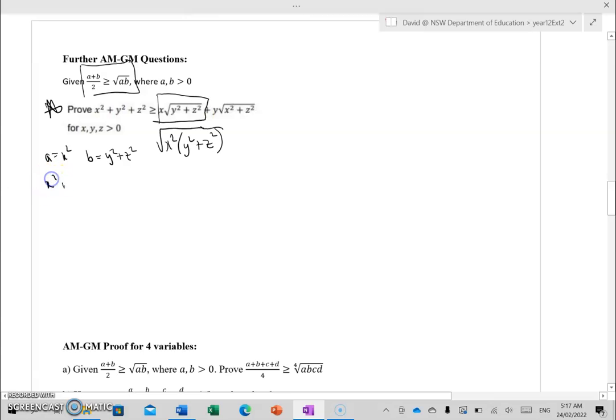We'll get x squared plus y squared plus z squared over 2 greater than or equal to root x squared and then bracket the y squared plus z squared, the product, which of course we can times by 2, and we can take the root x squared out to just be an x.